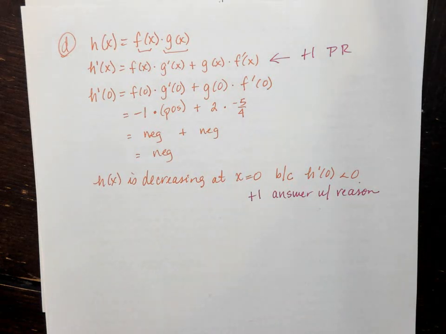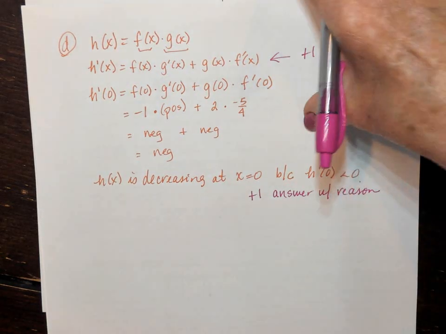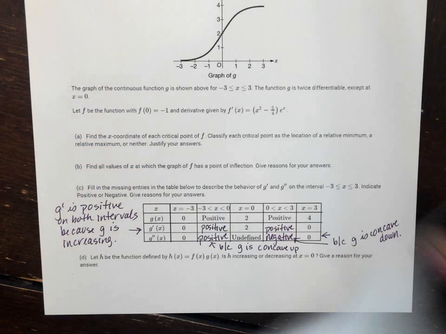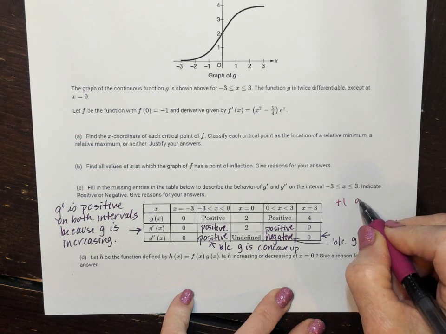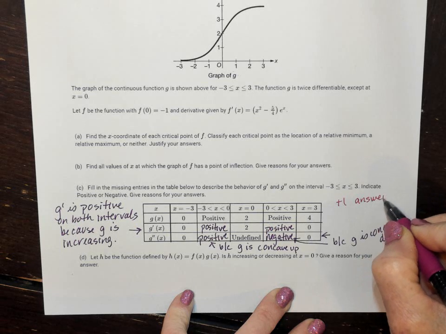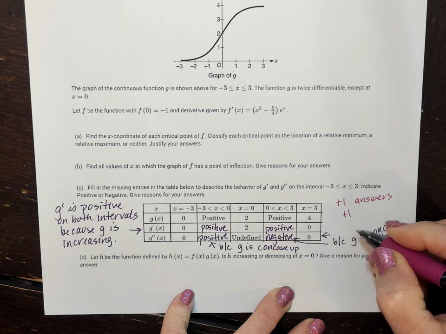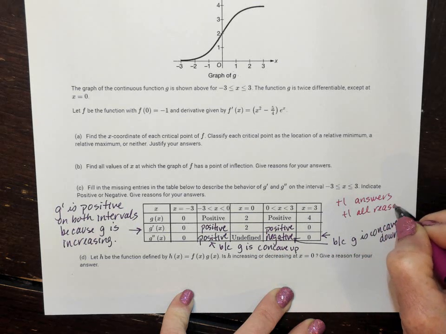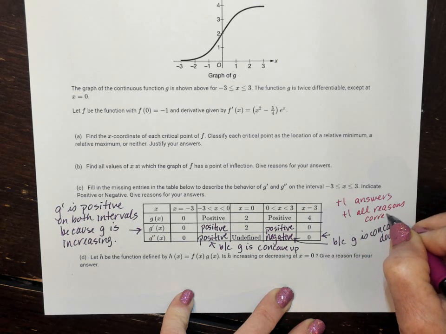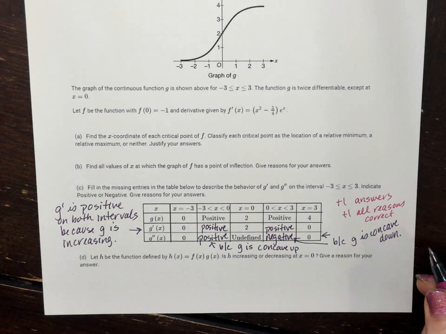Part C, I'm kind of going backwards here. Oh, part C was on here. Part C gave us +1 for the answers in the table and +1 for all reasons correct. So if you miss one, you lose all of them.